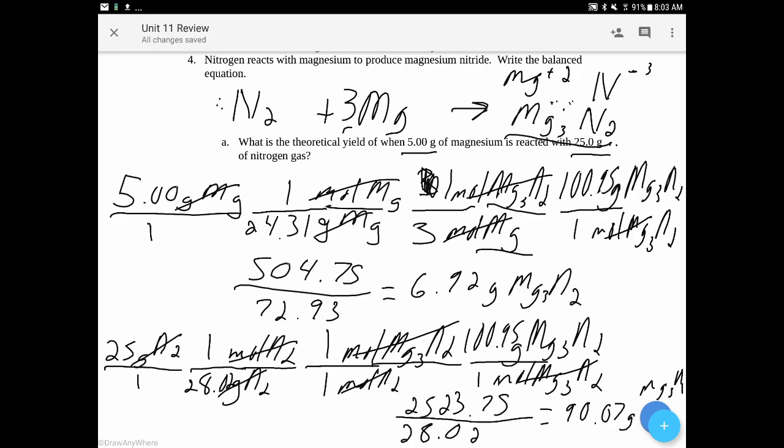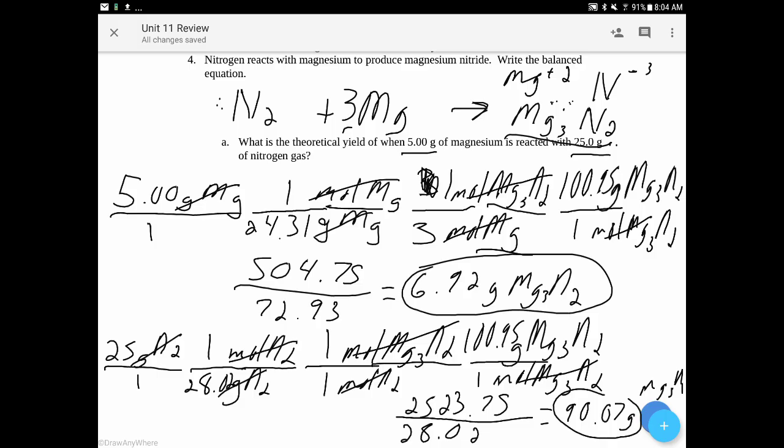Okay, now, we're still not quite done. We're done with all our math, but now we have to identify all of our stuff. For the theoretical yield, these are our two answers.